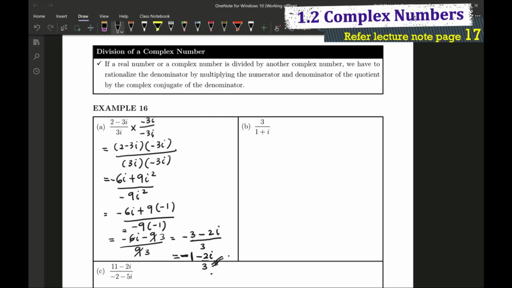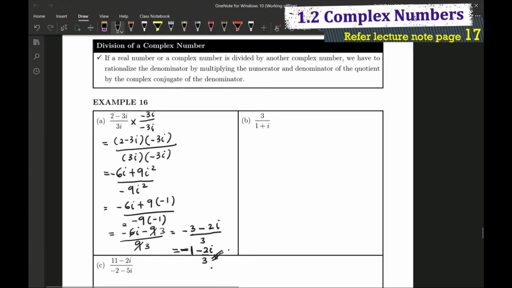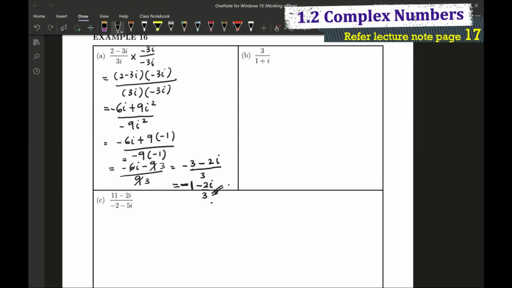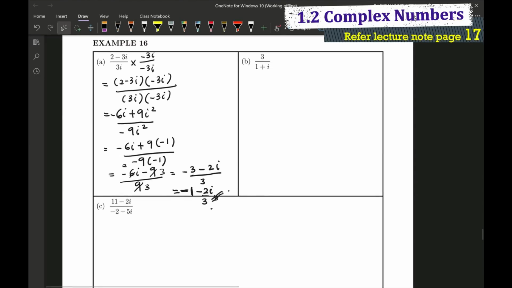So go through step by step slowly. Don't rush, if not, you will make a mistake. Make sure you don't make any mistake. Okay, that's for example 16a. Let's go to example 16c. Like our a, what should we do to solve this fraction? We need to multiply by the conjugate.